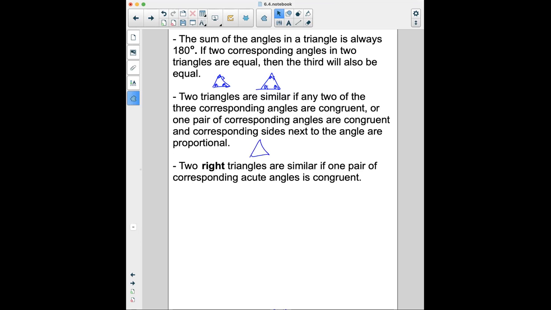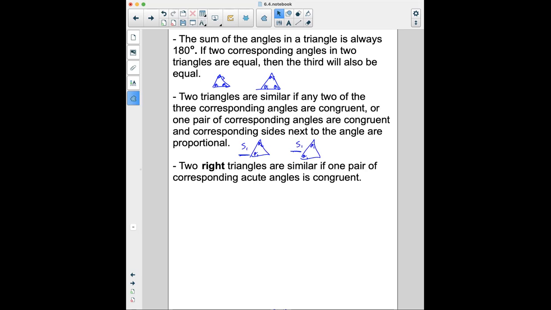So if we have theta 1 and theta 2 up here, and side 1, if theta 1, theta 1, and these sides are proportional, then these two triangles would be similar.